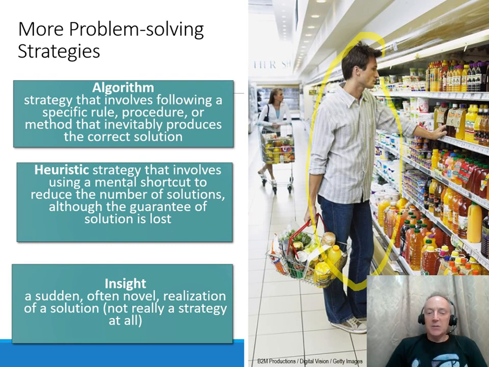Others will say sometimes the solution just sort of comes to you, and what they will refer to as a flash of insight. You know, the light bulb goes on inside your head. Well, that's not really a strategy. And is insight possible? Well, yeah, because we know from past chapters, your brain never shuts off, even while you're sleeping.